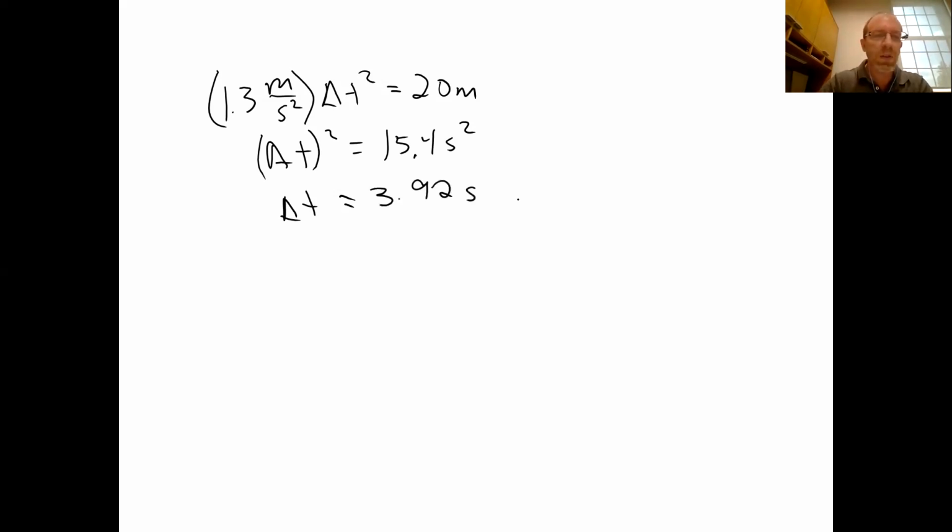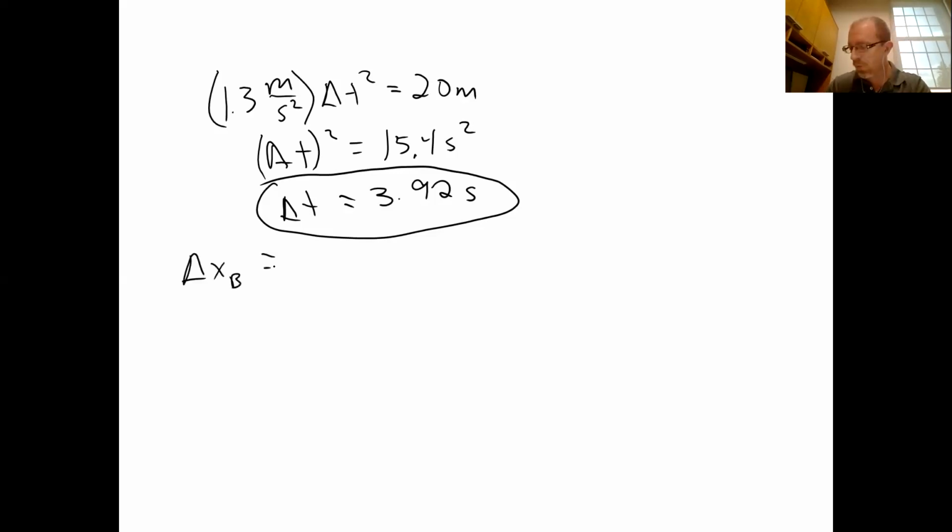You know what? That is really useful because now what I can do is I can turn around and stick that into my displacement equation for Bob, which said 1/2 times Bob's acceleration times delta t squared. That's an equation from the previous slide.